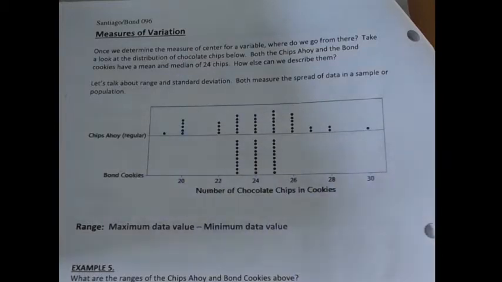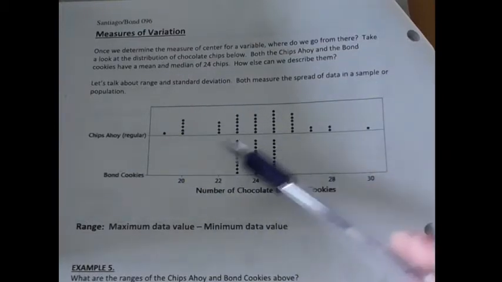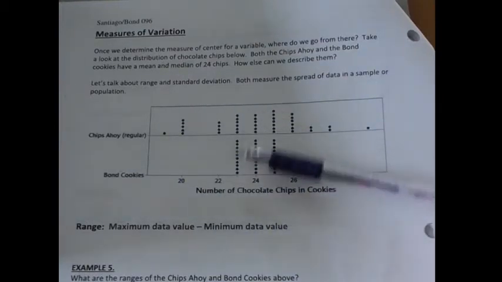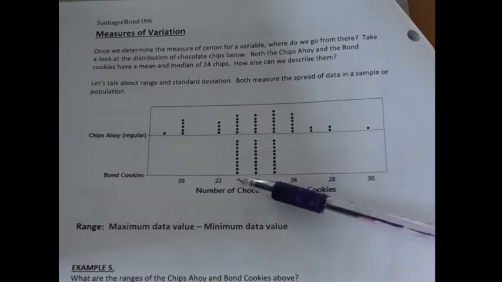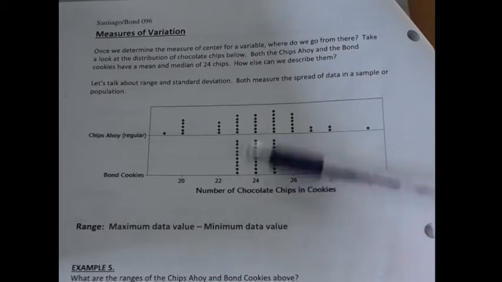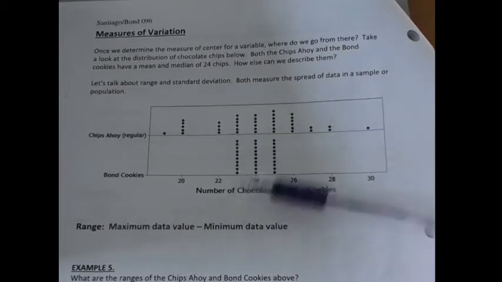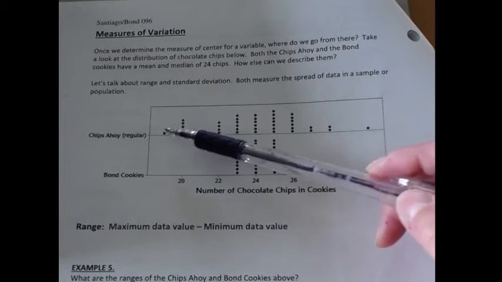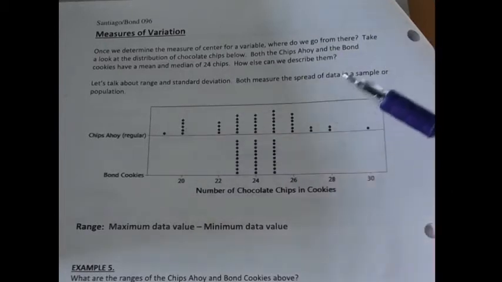Now, if you look at Bond cookies, do you see how they're more consistent? You have way more cookies that are in the 23 to 25 range in terms of the number of chocolate chips. And I apologize, I meant 19, not 18.